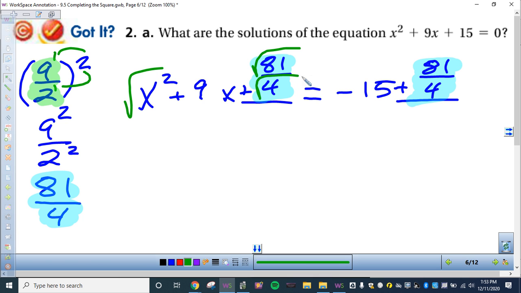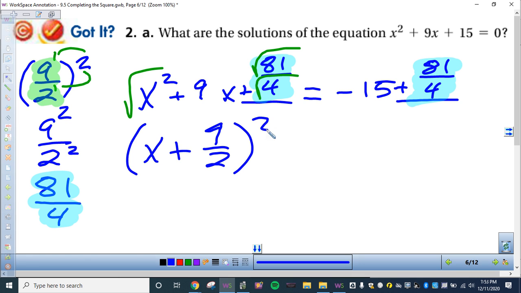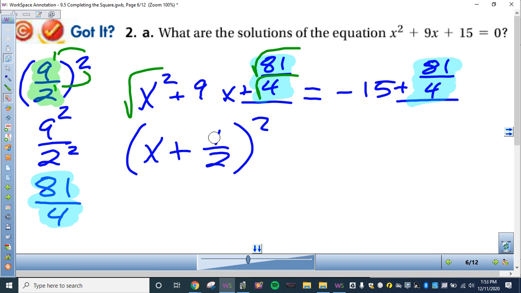You can't divide first and then square root. You have to square root first. Okay? So we get x plus 9 over 2 squared. I wrote my 9 kind of funky there. So x plus 9 over 2 squared.